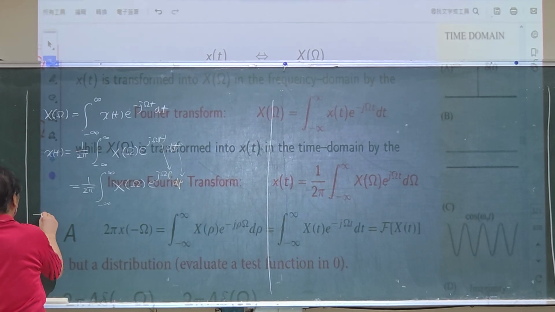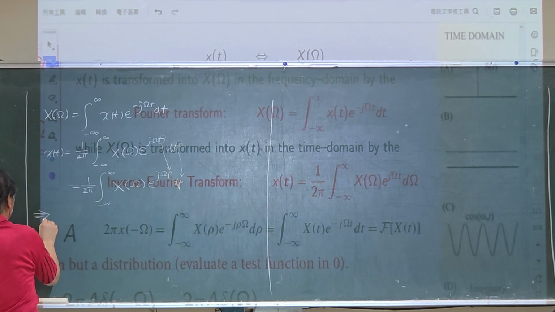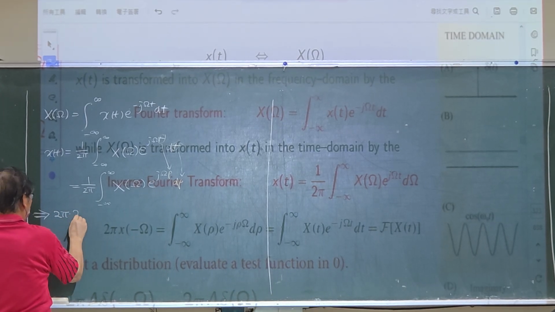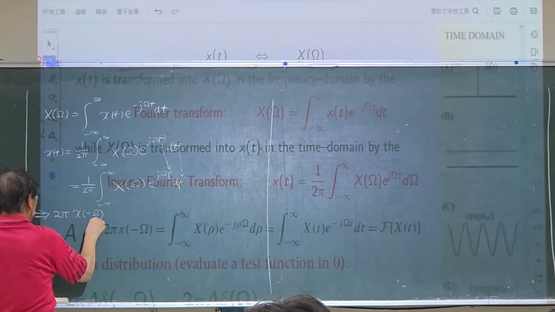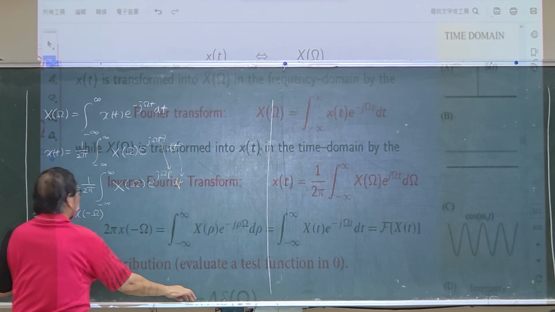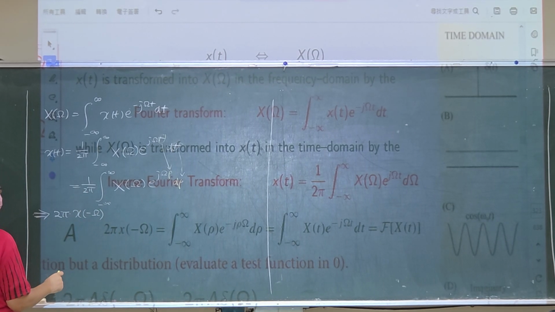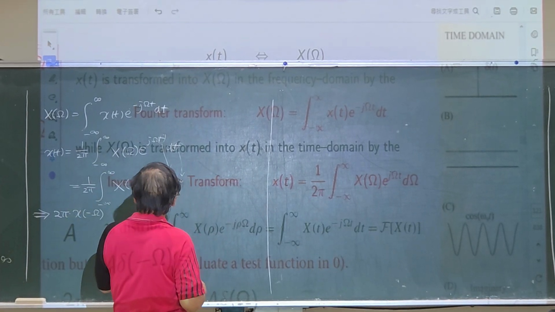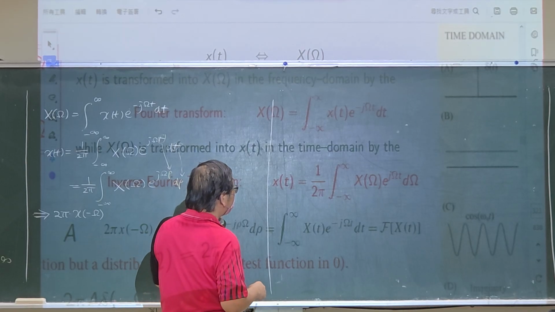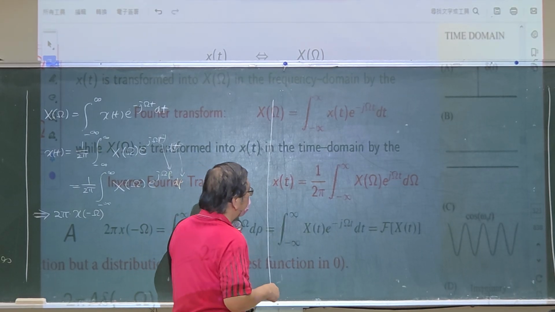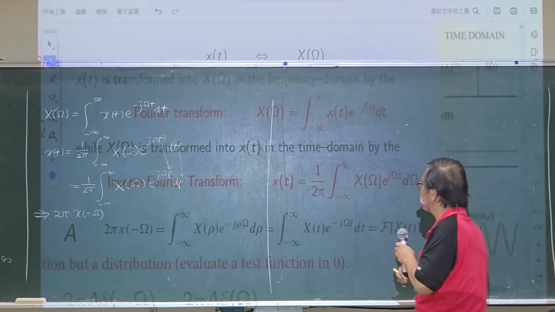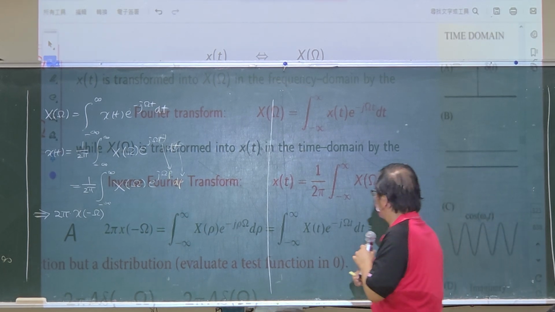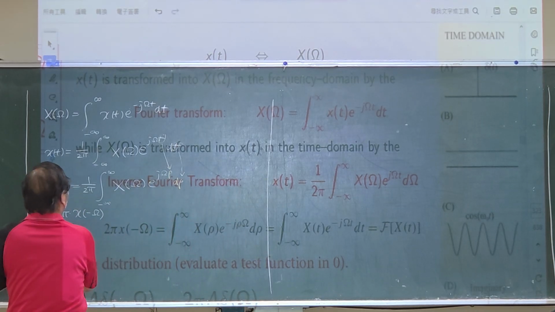So normalize the function by 2 pi, and then change the argument from t back to the t. Okay, I'm sorry, I made a mistake here, sorry.